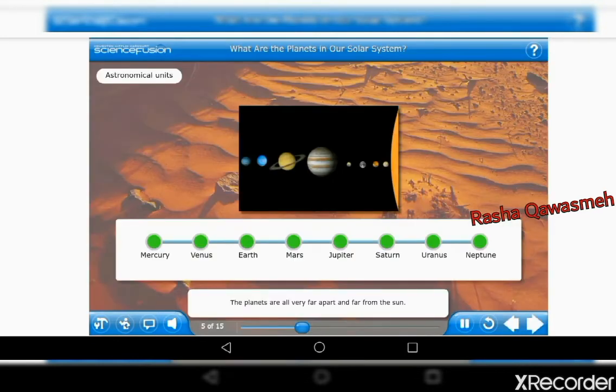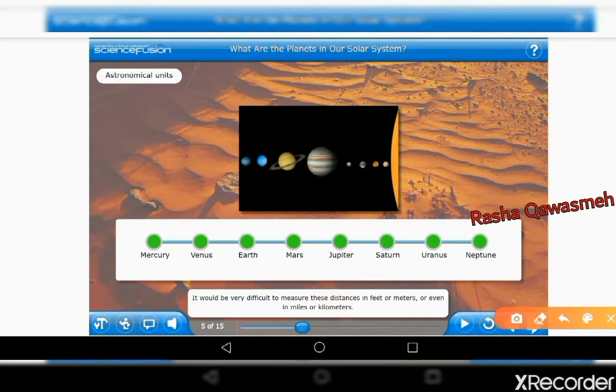The planets are all very far apart and far from the sun. It would be very difficult to measure these distances in feet or meters, or even in miles or kilometers. Yes, because distances in space are very huge. So we use something called AU.